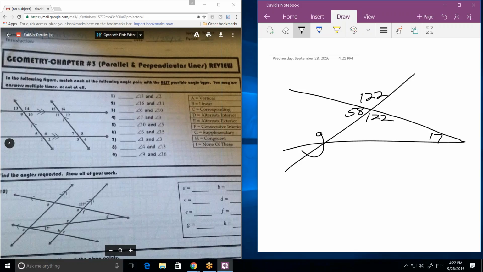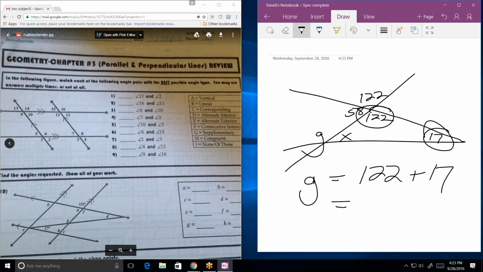In other words, G is supplementary to X, right? But both of these angles are also supplementary to X. So therefore, G must be equal to 122 plus 17. 139 is what G is.